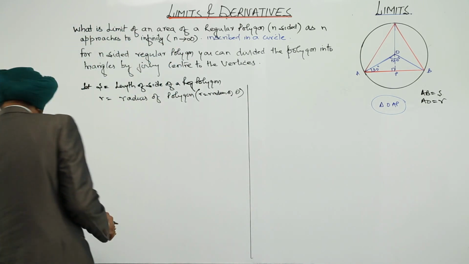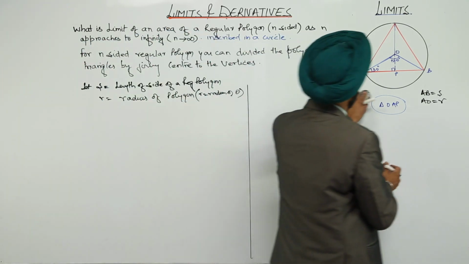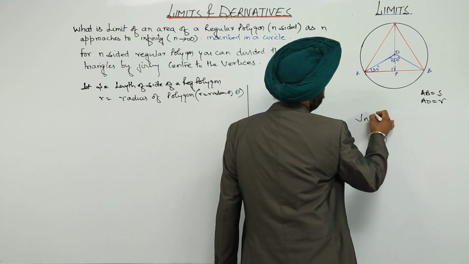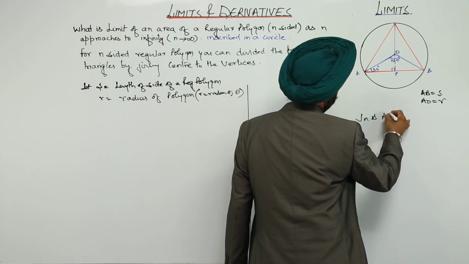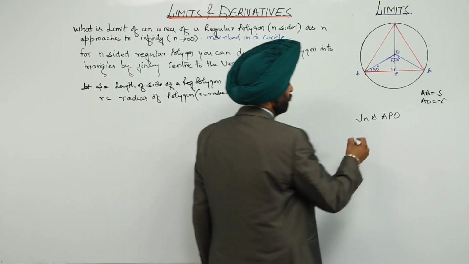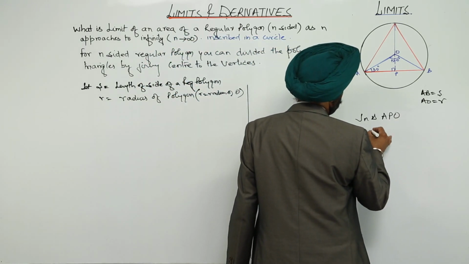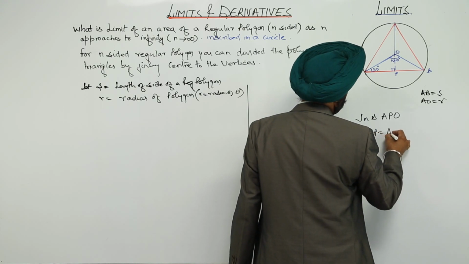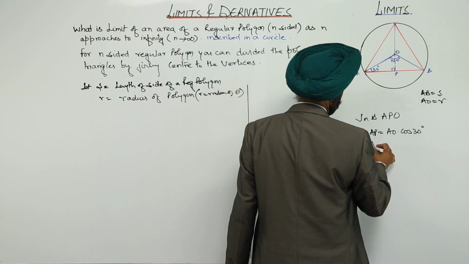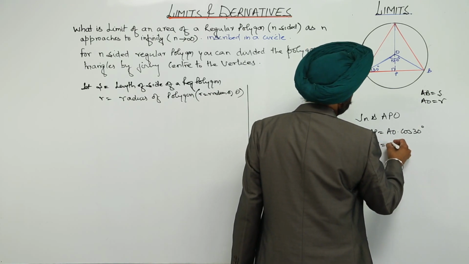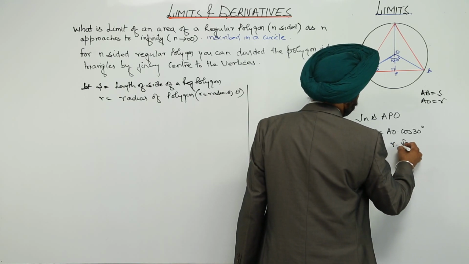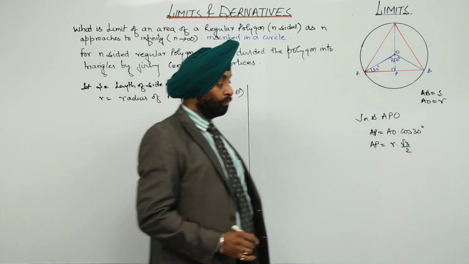Now just look here. In triangle APO, we are having AP is equal to AO times cos 30 degrees. AP is equal to AO, that is R, times root 3 by 2. Okay.